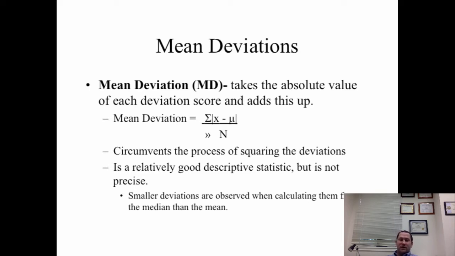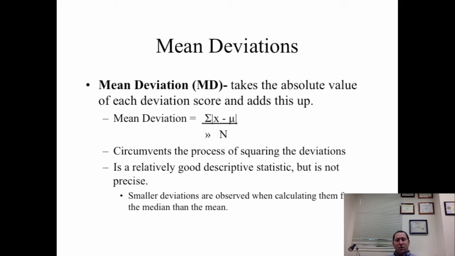And this circumvents the process of squaring deviations, and it's a pretty good descriptive statistic, but it's not precise. That is to say that smaller deviations are observed when calculating them from the median than from the mean. Typically we look at x minus x bar, how each score differs from the mean.